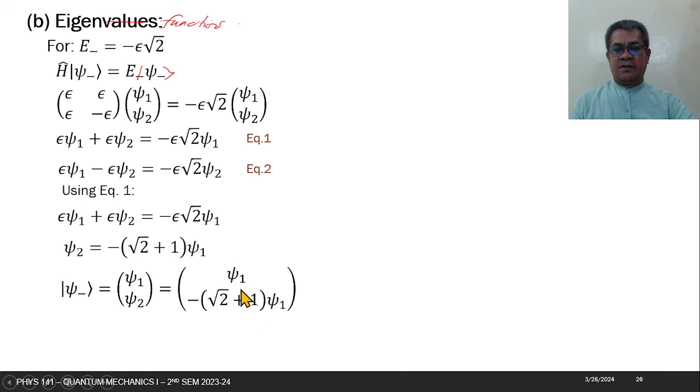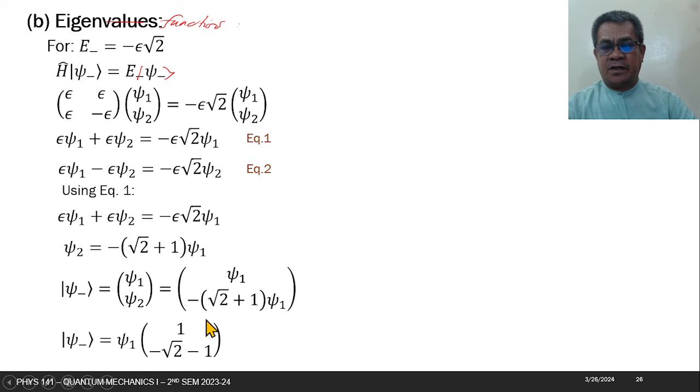So therefore this is our first eigenfunction in terms of psi 1. So we still need to solve this one later. For now, this is the eigenfunction using the energy in negative part, negative value. So we have this result.